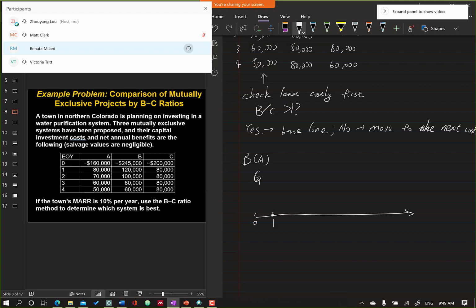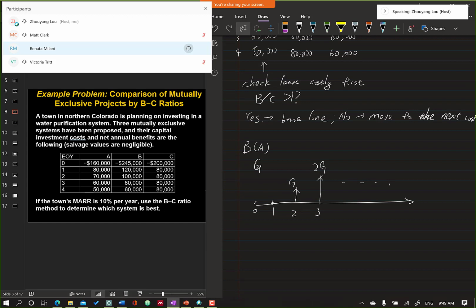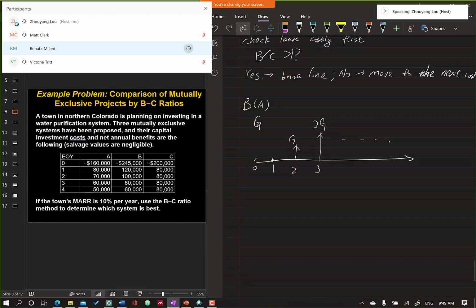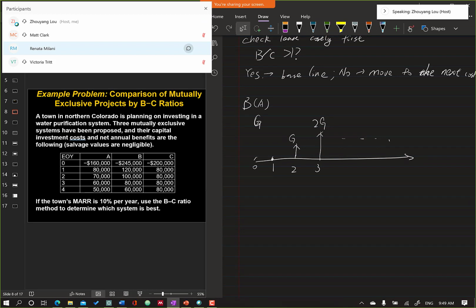We need a 0 for the first year, and starting from the second year it rises by g, the third year 2g, and so on. But here it starts with 80,000, which is not 0, so we need to do some manipulation.